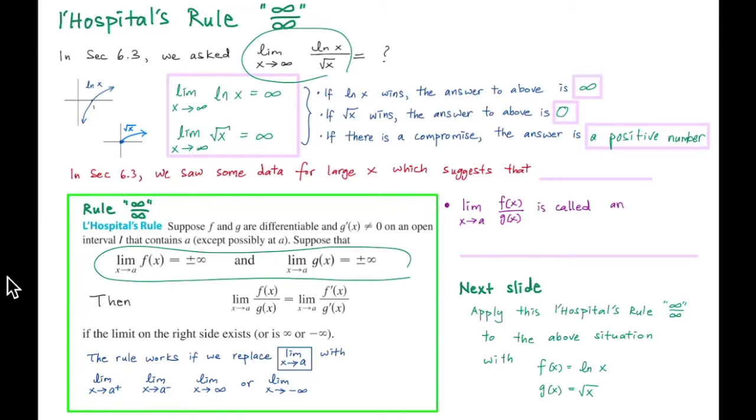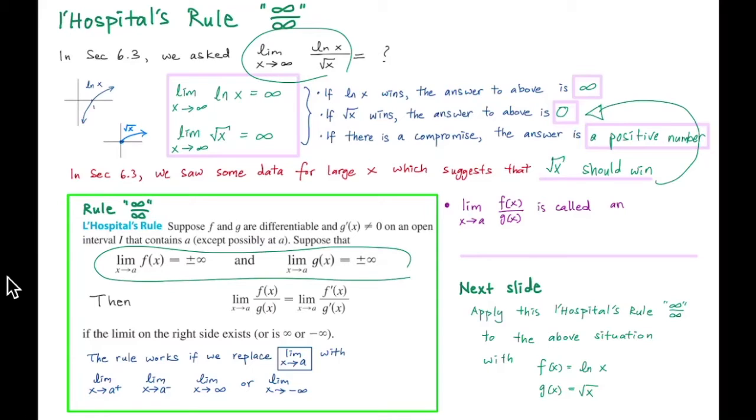In this particular example, we have done some data for this, suggesting that natural log grows much slower than square root of x. So we think that square root of x should win. And so we think the answer should be 0.